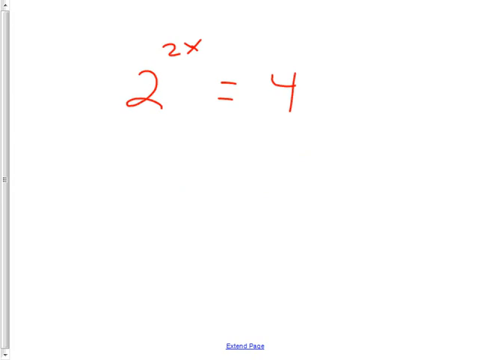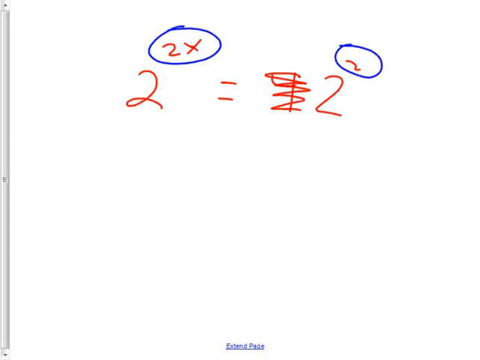If I had this equals 4, then I can replace the 4 with 2 squared, and now they have the same base. And if they have the same base, it's not really canceling the bases, but what I can do is set this must equal that. 2x has to equal 2, and therefore x would have to equal 1. Do you remember base changes like that?